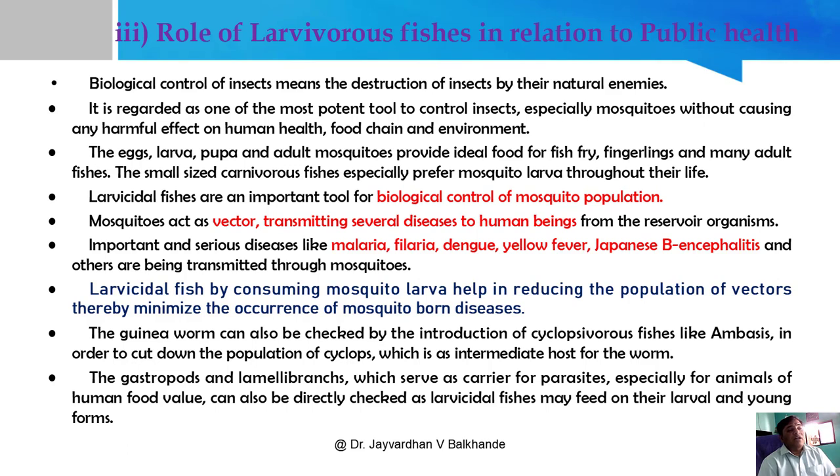And guinea worm can also be checked by the introduction of cyclops-eating fishes like Ambassis, in order to cut down the population of cyclops, which is an intermediate host for the worm. Also the gastropods and the lamellibranchs, which serve as carriers for parasites, especially those of human food value, can be directly checked, as larvicidal fishes may feed on their larvae and young forms.